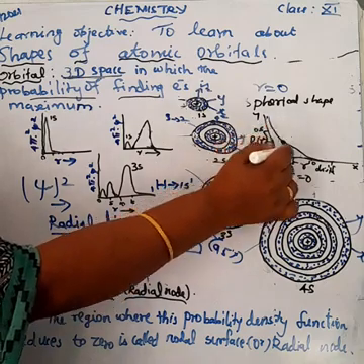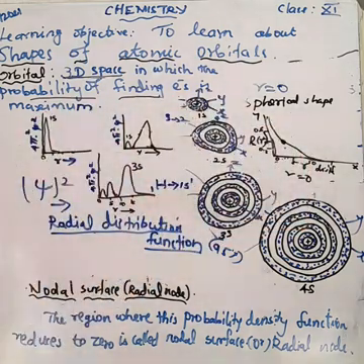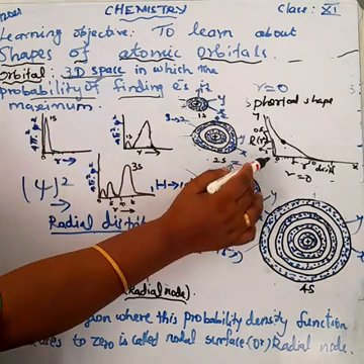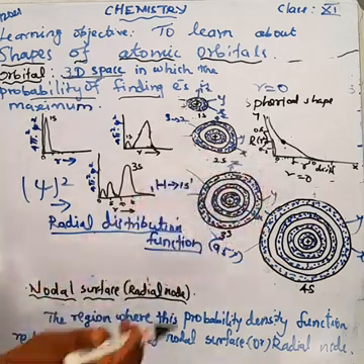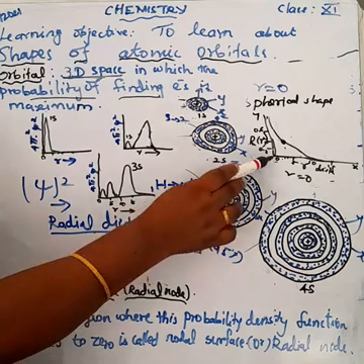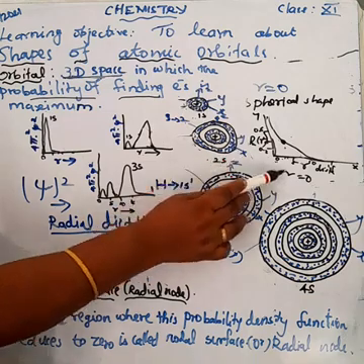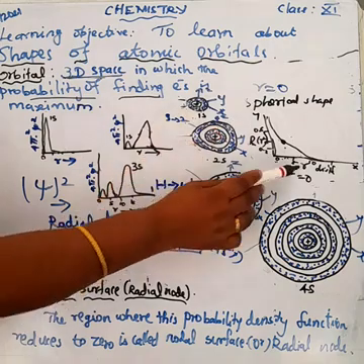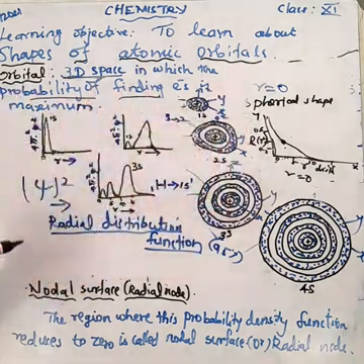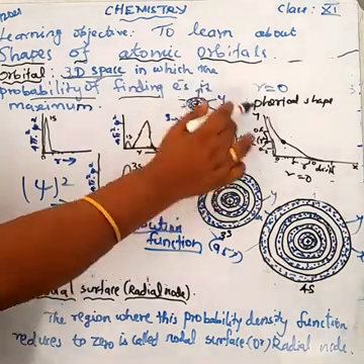When the distance gradually increases to 5, the probability decreases, and at distance 10, the probability is 0. So from this graph we can understand that when the electrons are very close to the nucleus, the maximum probability is there. When the distance from the nucleus increases, the probability decreases.